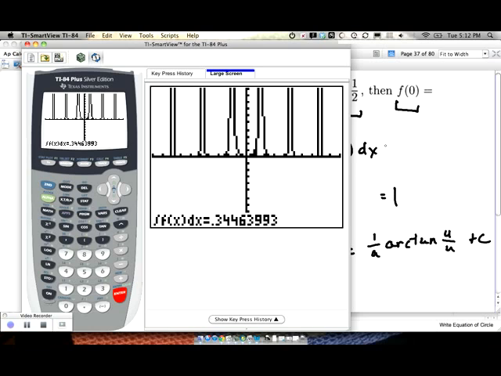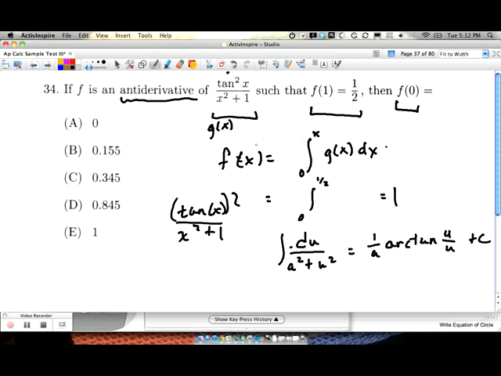That equals about 0.34. And up here, this is saying that f of 1 is 1/2.